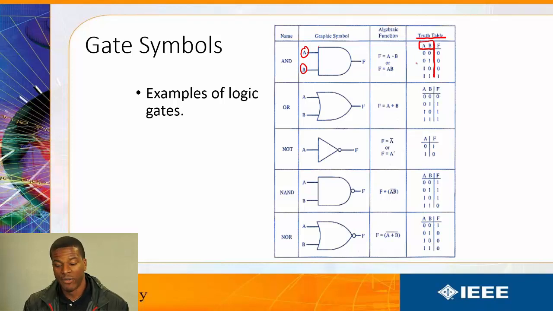Since we only have two different inputs, the only possible combinations are 0,0, 0,1, 1,0, and 1,1. And as you can see, all the rest of the listed logic operators have 2 inputs except for the not operation. We'll talk about how to derive the outputs of these different logical operators very soon.